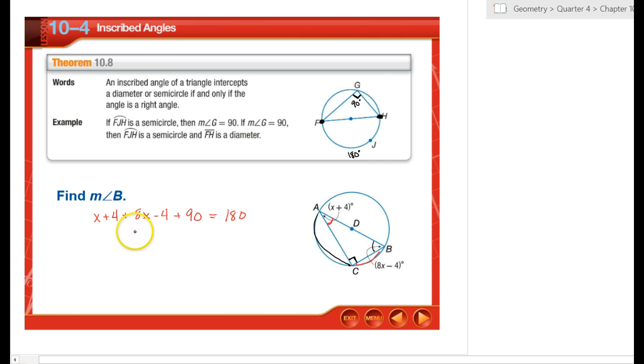So when I combine these like terms, 9x plus 4 minus 4 plus 90, that's just 90, equals 180. 9x equals 90, so x is 10. Therefore, angle B is 8 times 10 minus 4, 76 degrees.